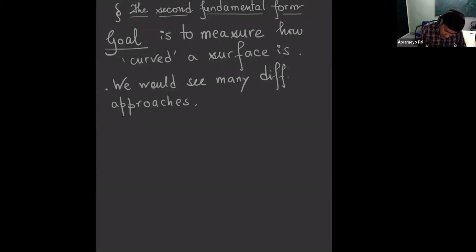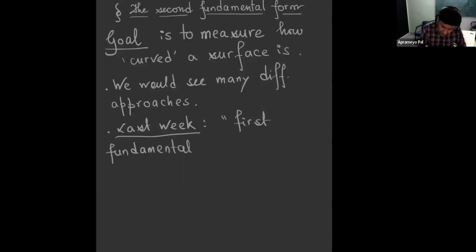So now last week we have already seen the first fundamental form. Right, so this we have already seen. Now interestingly, this first fundamental form is an example of something called intrinsic geometry.